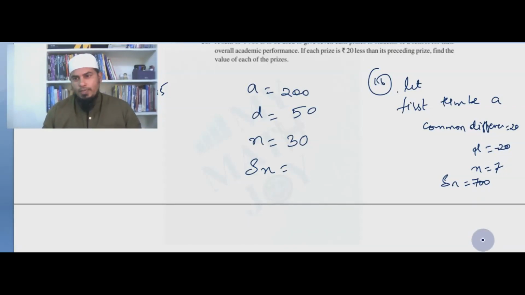So minus 20 will serve the purpose, you will get the answer. So the 16th word problem also became dead easy when we read the question and understand it. Since it is 20 less, we have taken negative 20. For 20 more, we will take 20 positive.